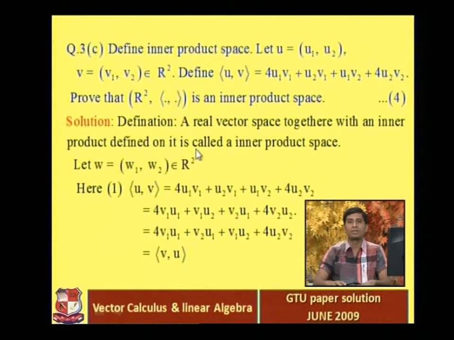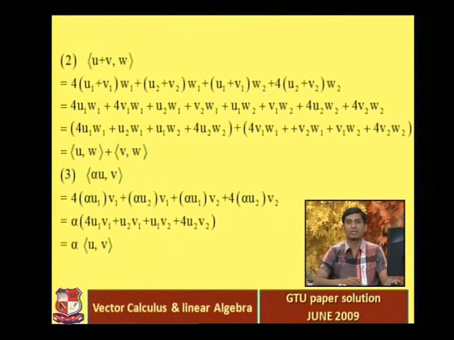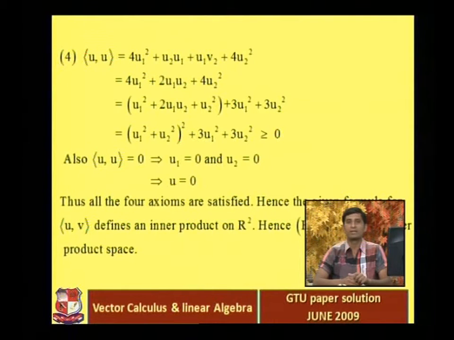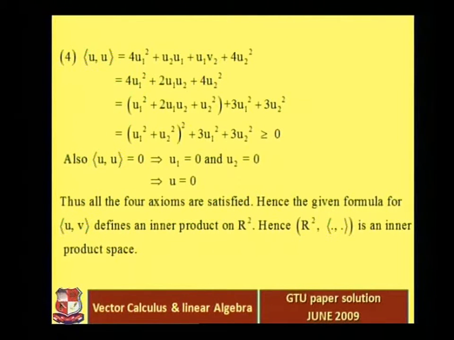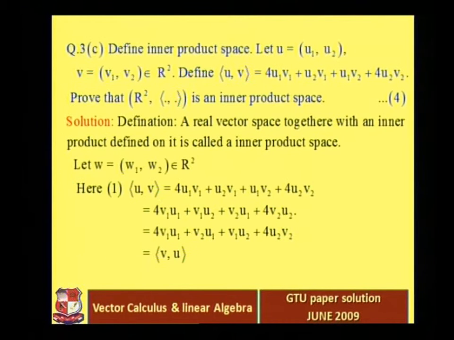If these four conditions are satisfied: first, ⟨u, v⟩ = ⟨v, u⟩; then ⟨u + v, w⟩ = ⟨u, w⟩ + ⟨v, w⟩; then ⟨αu, v⟩ = α⟨u, v⟩, where α is any scalar; and the last one, ⟨u, u⟩ is always greater than or equal to 0, and if ⟨u, u⟩ = 0 then u must be the zero vector. If these four conditions are satisfied, then the given set is an inner product space.